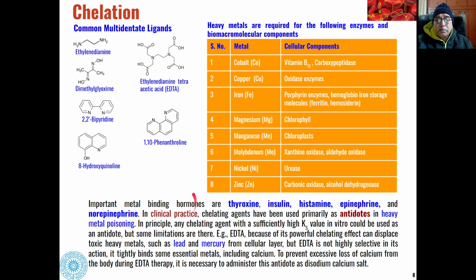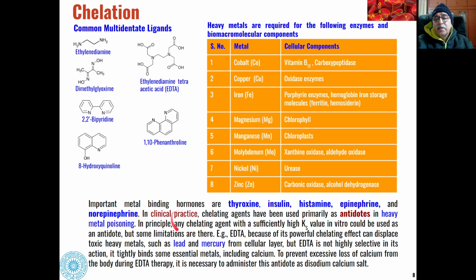Then metal binding hormones like thyroxine, insulin, histamine, epinephrine, and norepinephrine, they can also bind metals very easily to form chelating complexes.